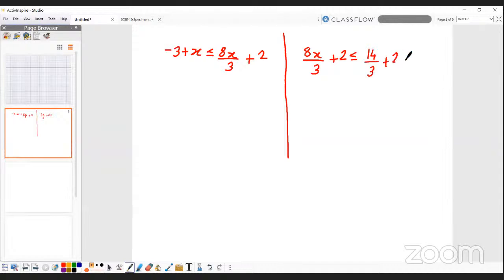So try solving it. Get the variable x terms on one side and the constants on the other side.